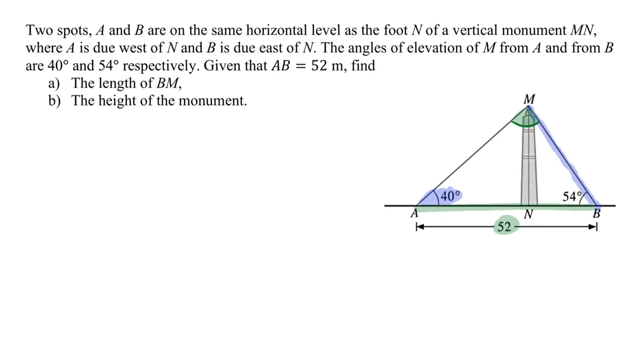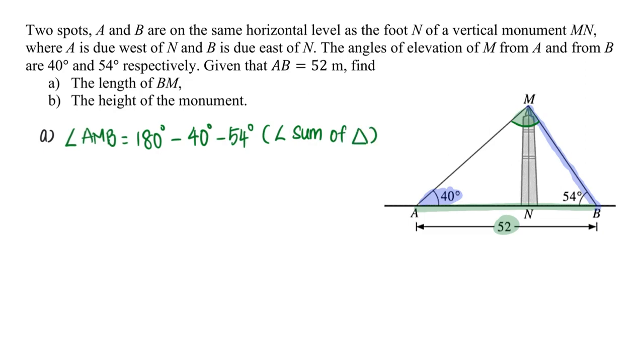The very first step for part A is to find this angle AMB, which is 180 degrees minus my 40 degrees and my 54 degrees, because this is the angle sum of a triangle, which will give me 86 degrees.